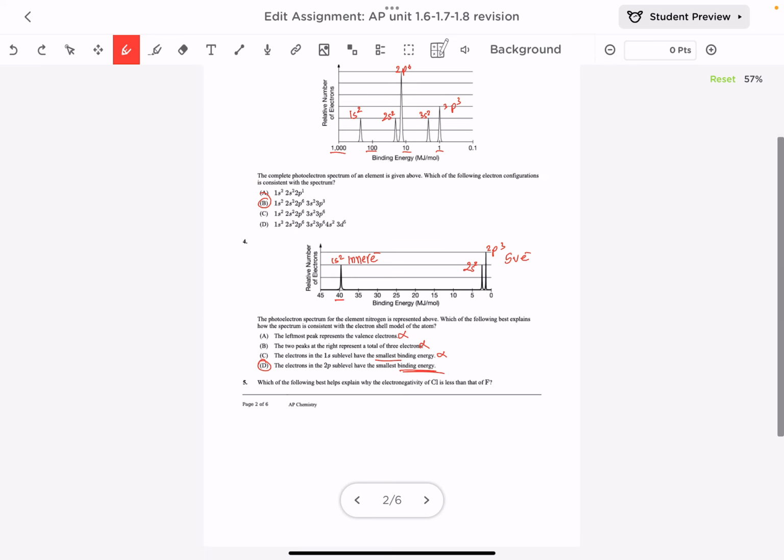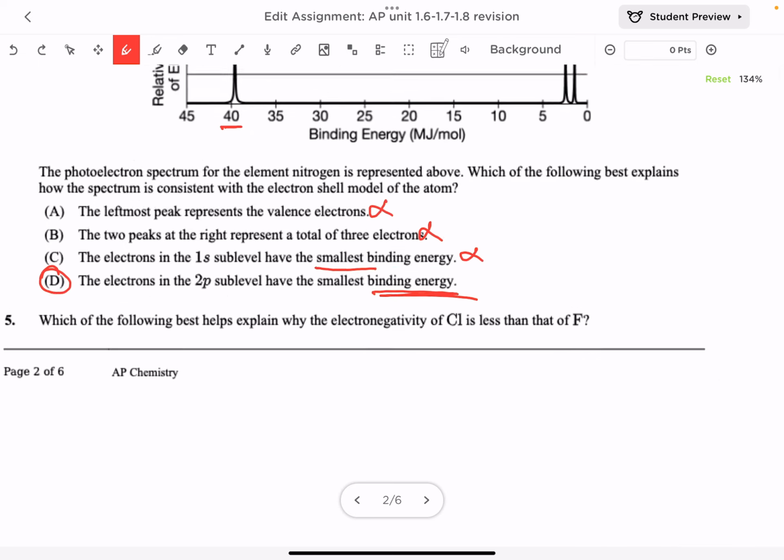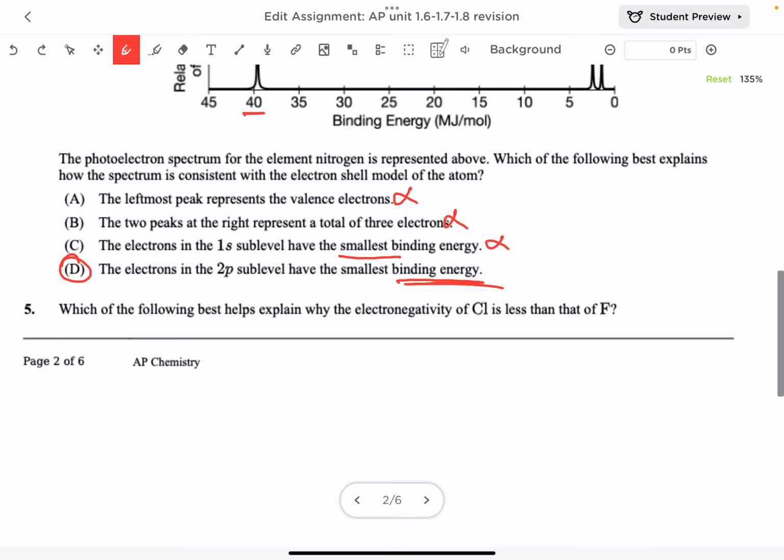Now, moving on. One more question. Which of the following best helps explain why the electronegativity of Cl is less than that of F?